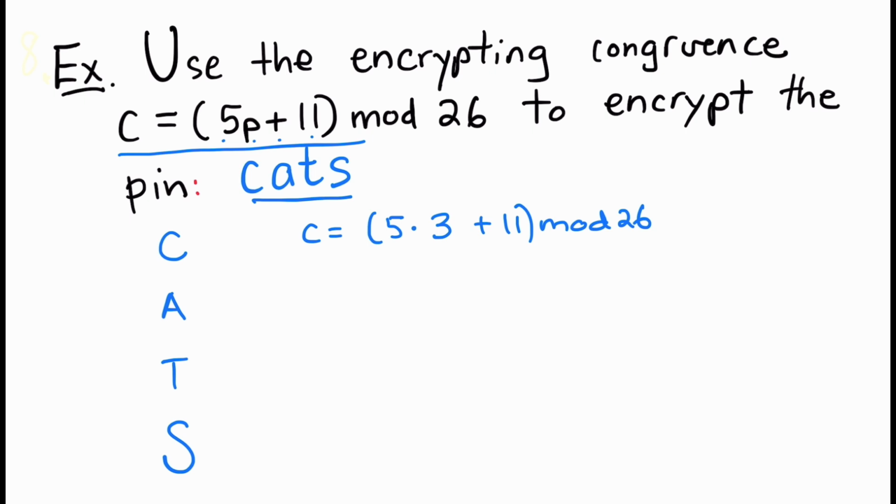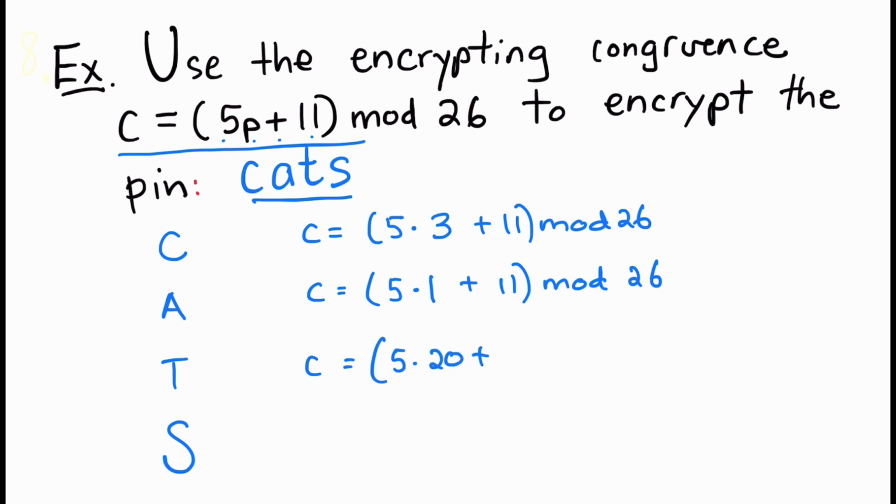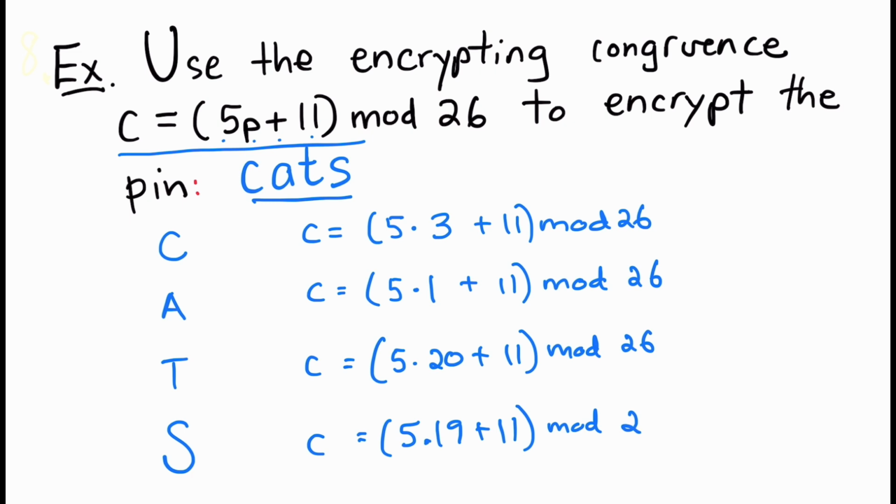Let's go ahead and do A. So again, we have 5, and we know P is 1 because A is the first letter. T is the 20th letter, so we have 5 times 20 plus 11, mod 26. And S is right before it, so we have 5 times 19 plus 11 mod 26.